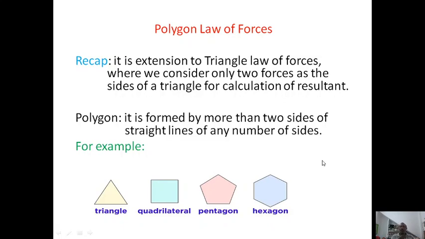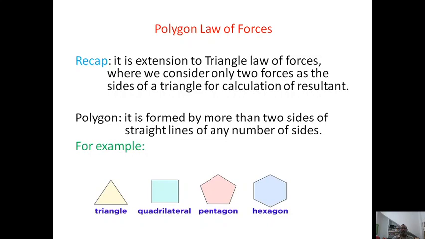After understanding Lami's theorem, we are traveling towards the Polygon Law of forces. To understand better, just recall the triangle of forces where we make the forces as sides of a triangle.